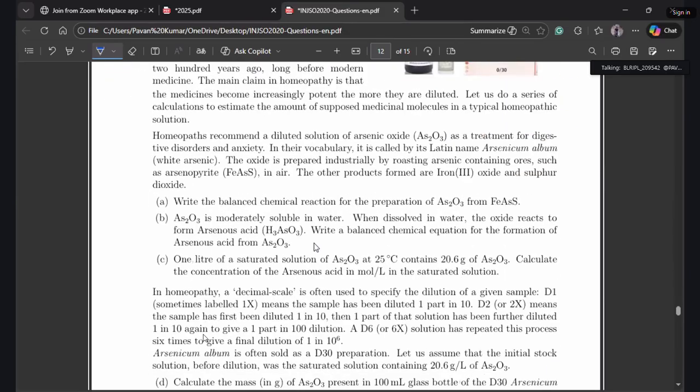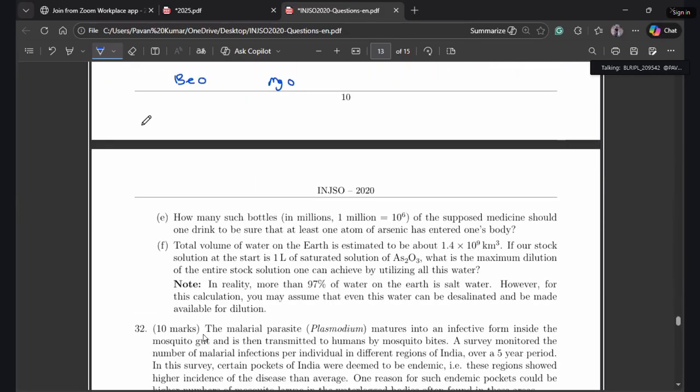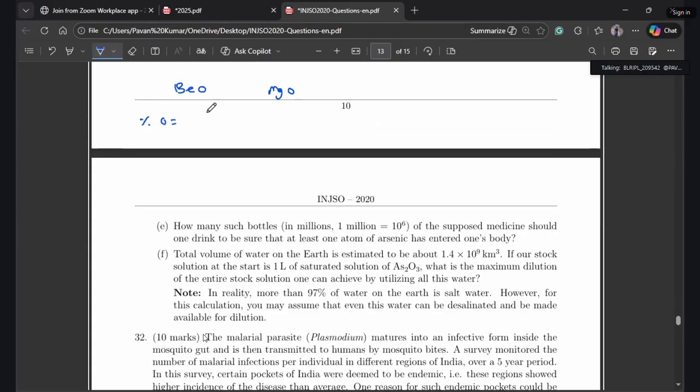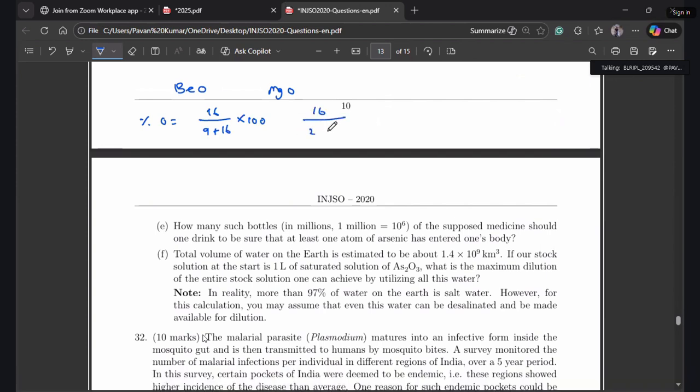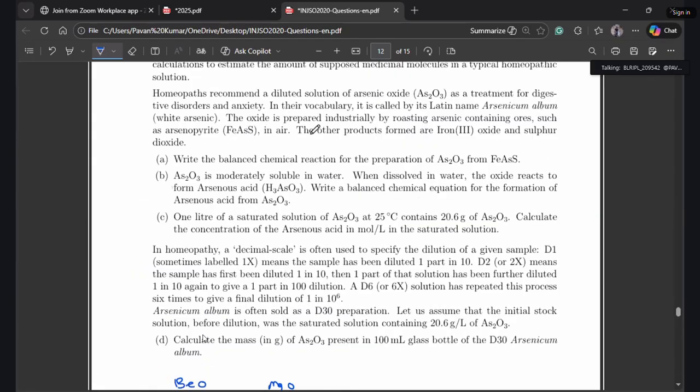Theta means what? Oxygen. So if you calculate the percentage of oxygen here, what will you tell me? 16 divided by beryllium 9 plus oxygen 16, into 100. Magnesium means 16 divided by 24 plus 16. In which case is the percentage of oxygen more, tell me.